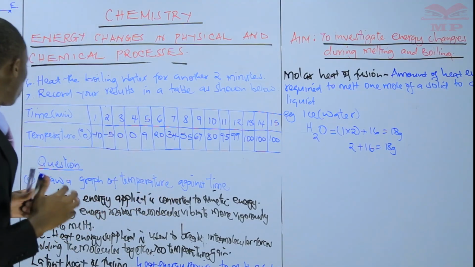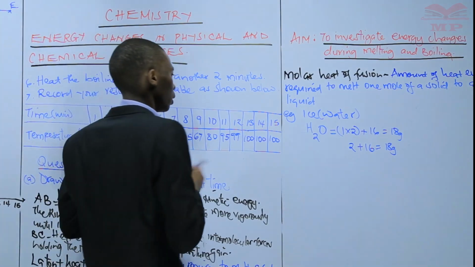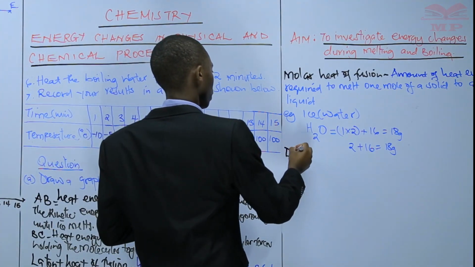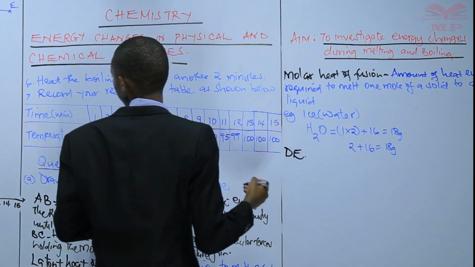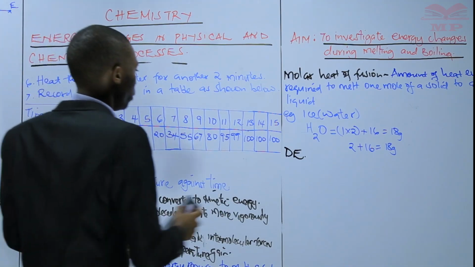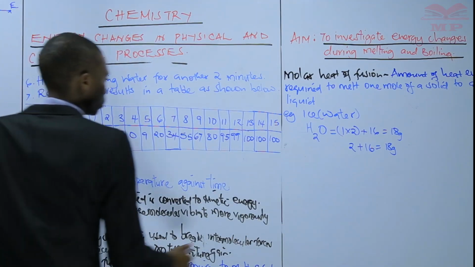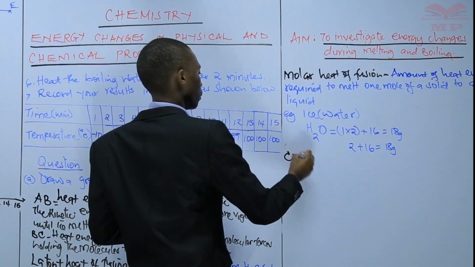Let's go to point D, E. Before DE, we have CD.